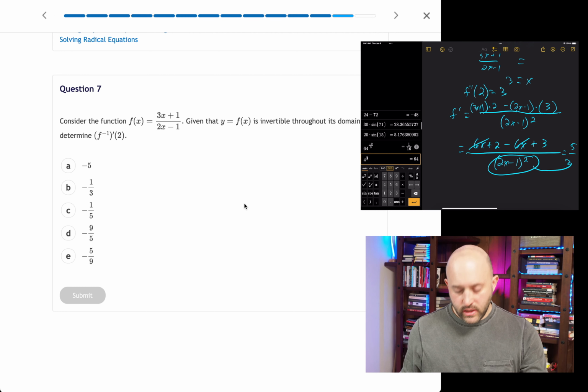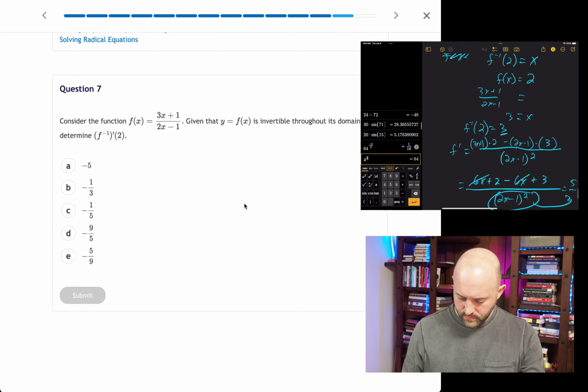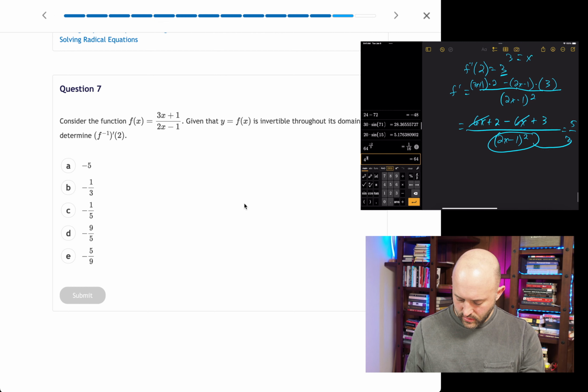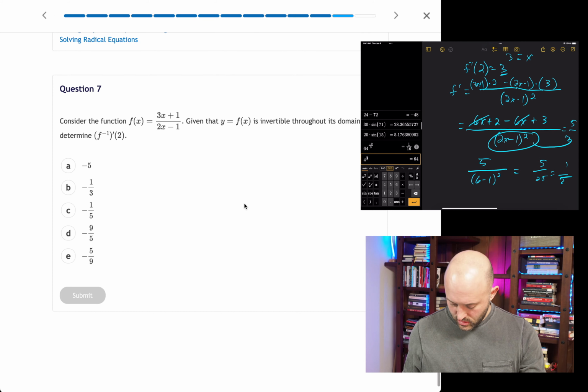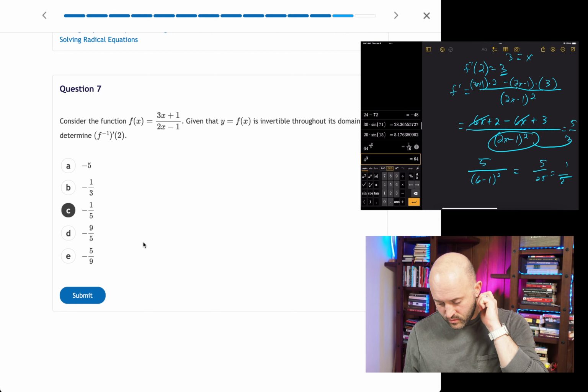And we actually need it only at the value of 3. So we go 5 over 2 times 3 is 6 minus 1, which is 5 squared. So 5 over 25, which is 1/5. And negative 1/5 is the only thing I have here, so it means I've messed up a minus sign somewhere.